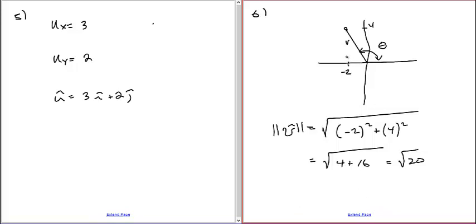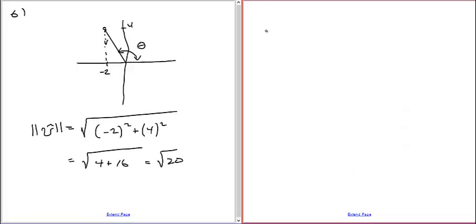Now to find the angle, you can use stuff you learned in chapter 4. So one way would be to think about the cosine of theta, it's x over r.